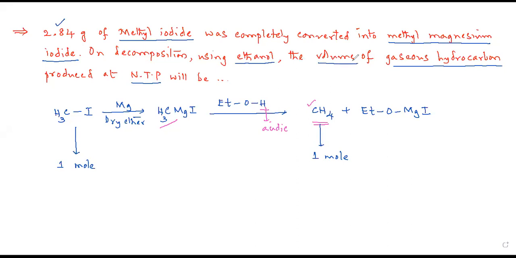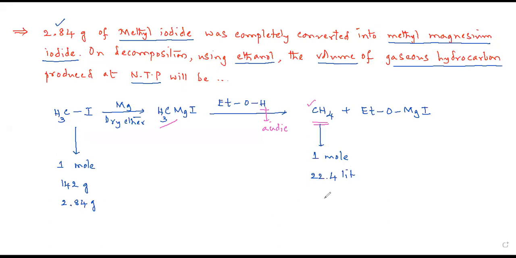What is the gram molecular weight of methyl iodide? 12 plus 3, 15, 15 plus 127 for iodine, 142 gram of methyl iodide is giving rise to 22.4 liters of methane. A simple stoichiometric problem. 142 grams of methyl iodide is liberating 22.4 liters of methane at STP or NTP.